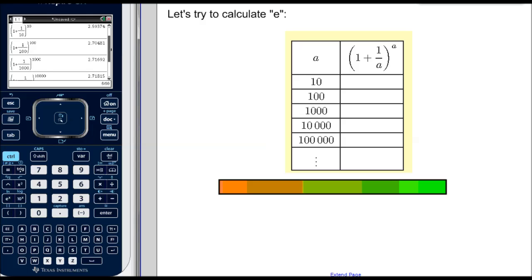And I've started to do that on the calculator to the left here. I don't want to waste time in the video punching in these buttons, but okay, so if we make a 10, you can see that right here. We've got 1 plus 1 over 10 instead of a, and then to the power of 10, we get 2.59374.